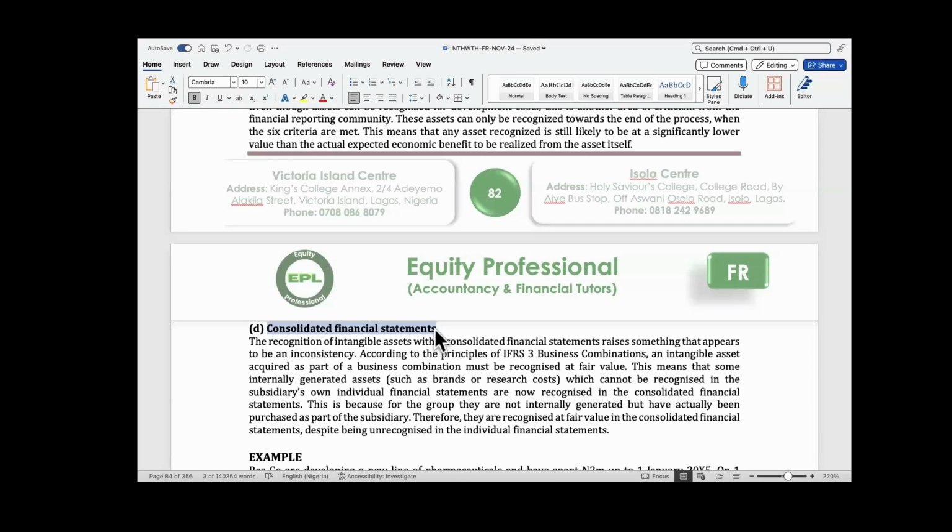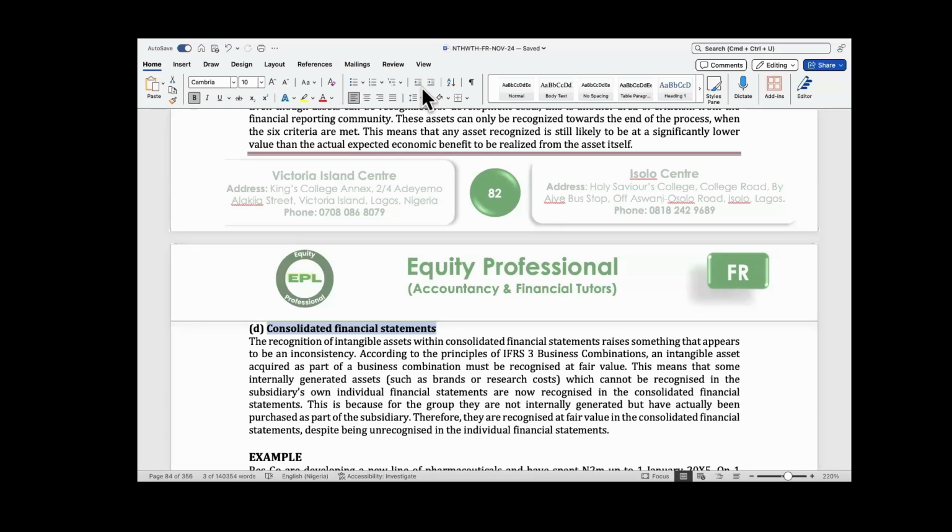And in some cases, they will specifically describe it as a brand name. So don't quote me that we said goodwill is internally generated, we said brand name is internally generated, so why are they now recognized? Yes, in the consolidated financial statement, they are recognized because somebody has actually paid for them, so we can know their value. But in the individual account, they are not capitalized. They are not recognized in the books at all.